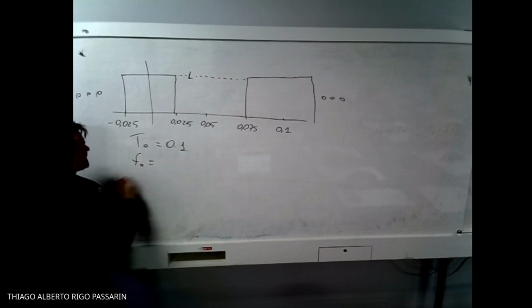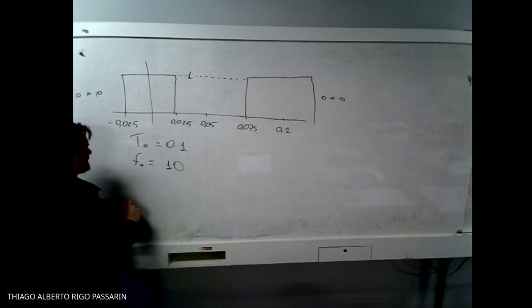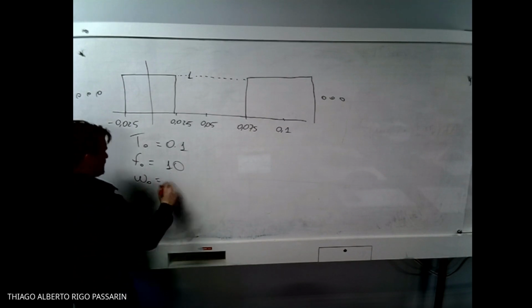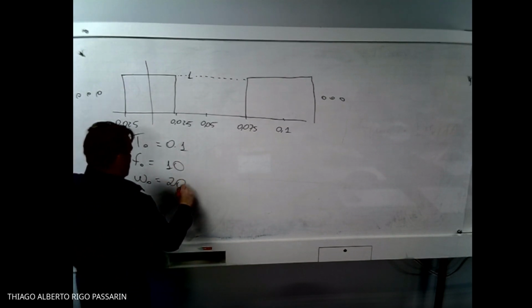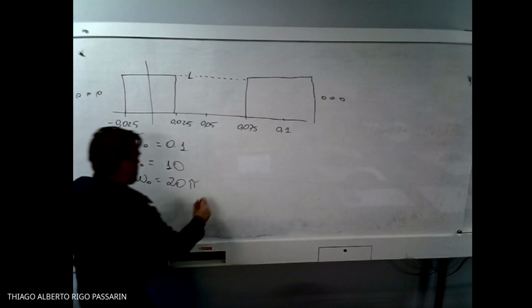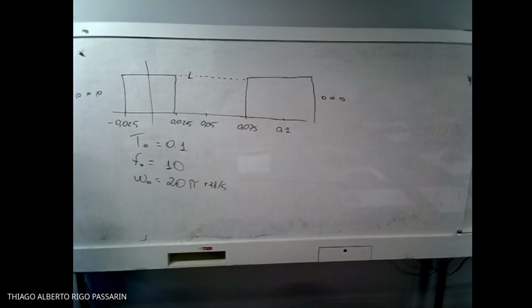Then the frequency in hertz will be the inverse, will be 10 hertz. Omega 0 will be 2 pi times this. So 20 pi radians per second.